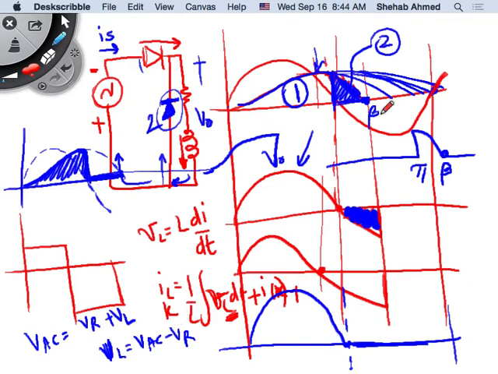Okay, I cannot draw it exactly because it's a number, right? It's a fixed number. At some point, not necessarily at the zero crossing of the voltage source, the value of VL becomes positive. Do we agree? If I keep increasing inductance, beta will keep increasing.